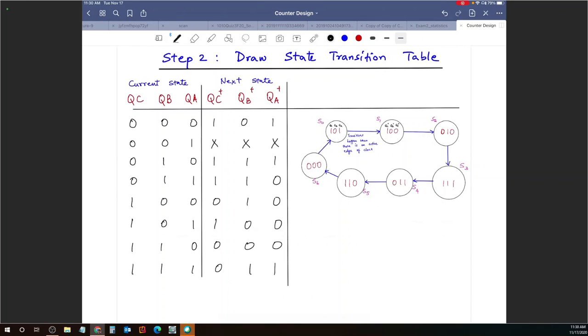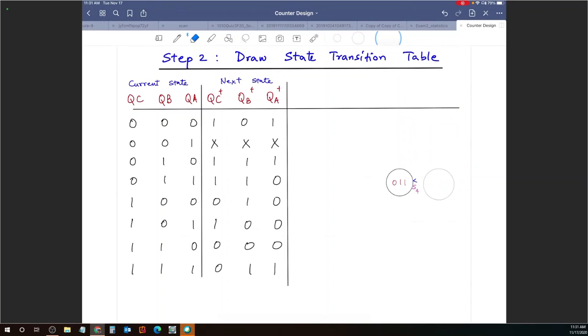All right, so it looks like you guys are doing okay here. So I don't need this anymore, so I'm going to get rid of that. And now I need to refer to the excitation tables, because I need to figure out what should be my input for the flip-flops so that I get those transitions to happen.